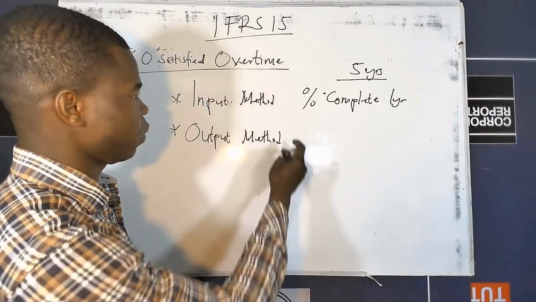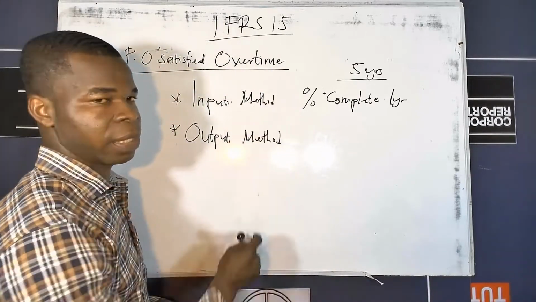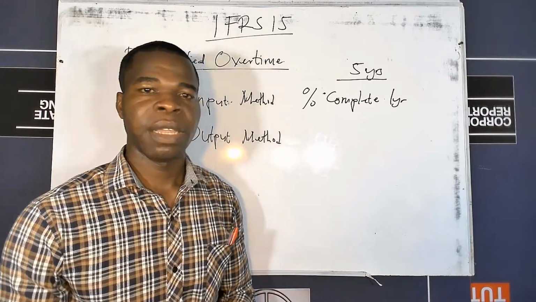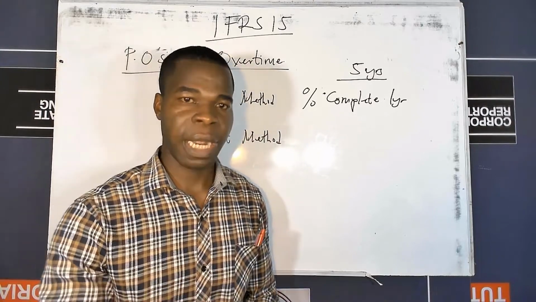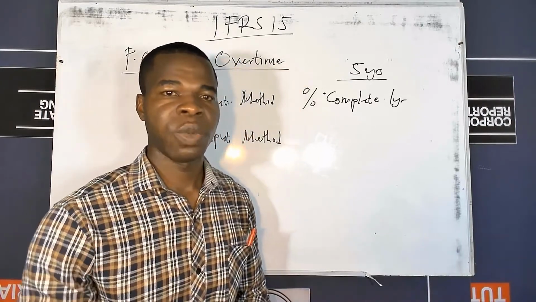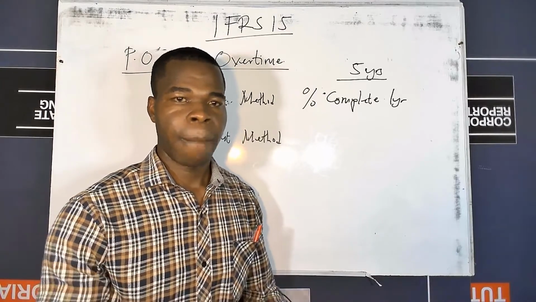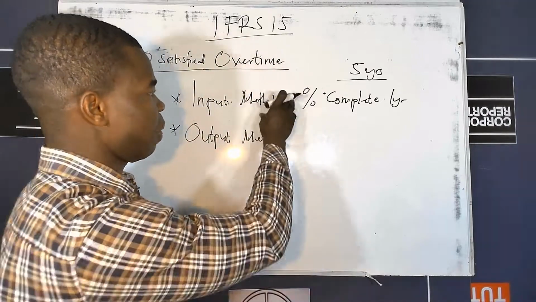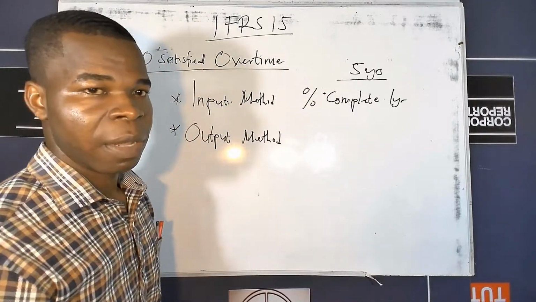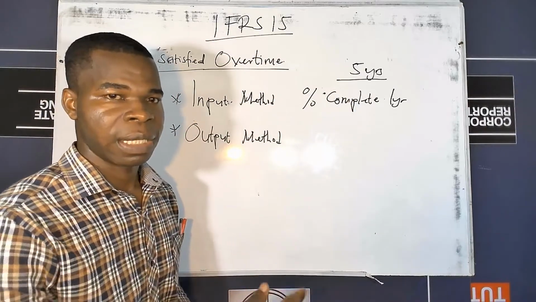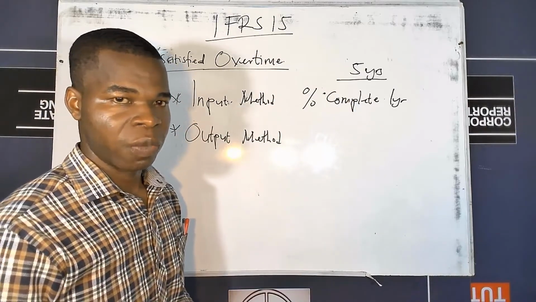So what are we expecting in the input method? In the input method, we are basically looking at the cost incurred to date as compared to the total cost of the contract in question. Then it will help us in ascertaining the percentage of progress or completion as at the year in question.